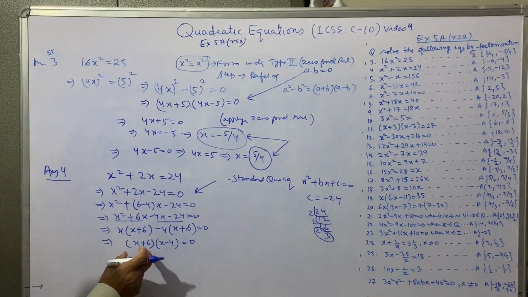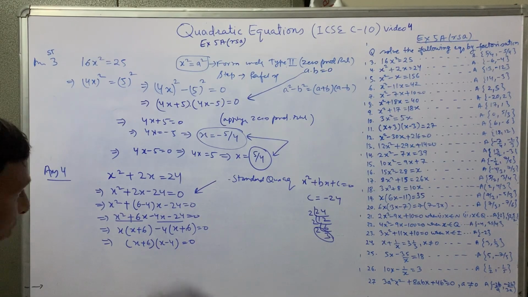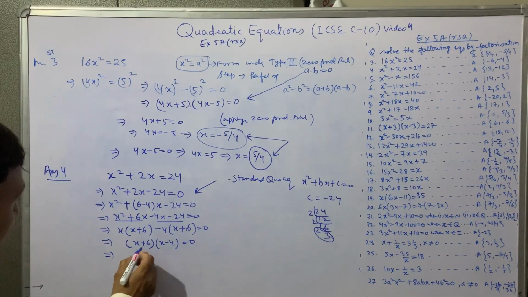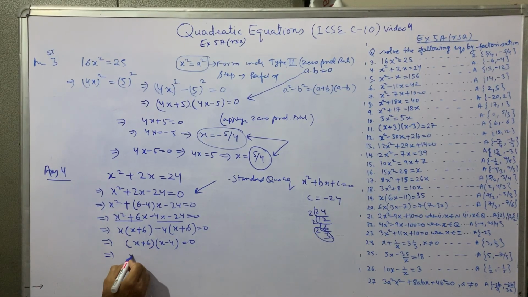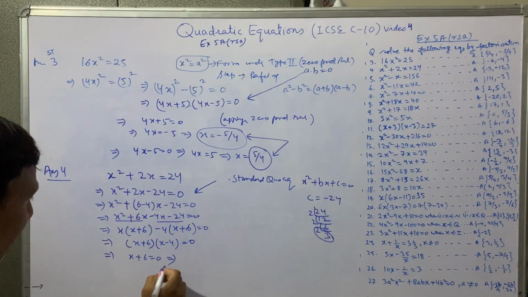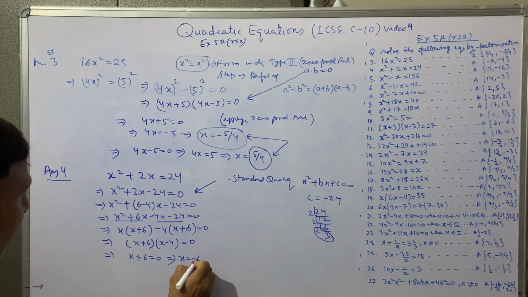Now, we got it in the form of a dot b is equal to 0. Now, we can apply the zero product rule. First of all, taking this a part, x plus 6 is equal to 0, and taking this towards the right hand side, we are getting x equal to minus 6.